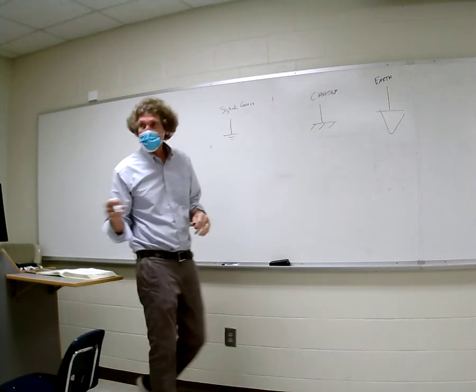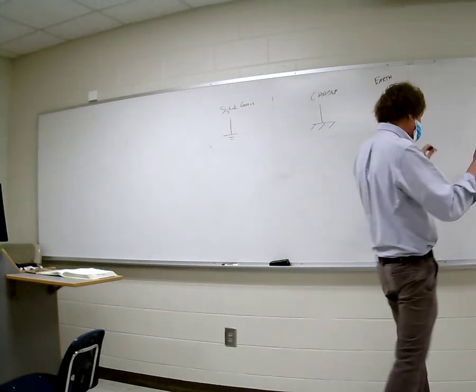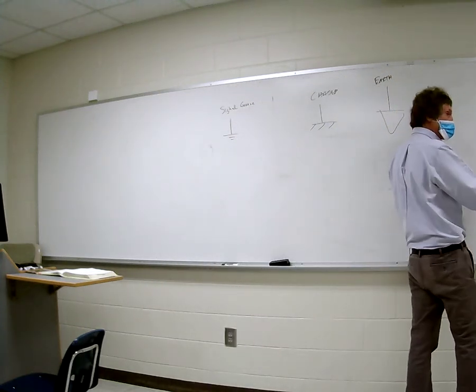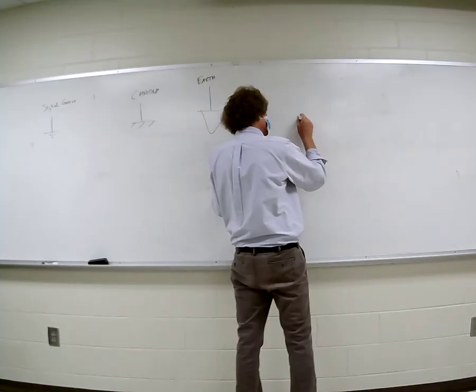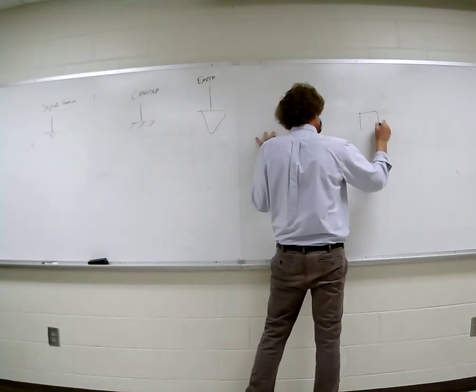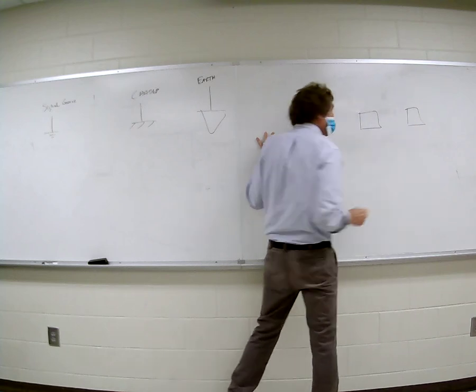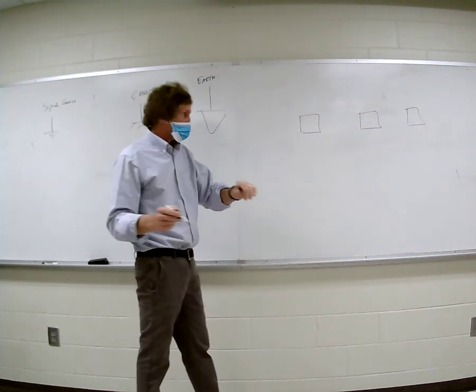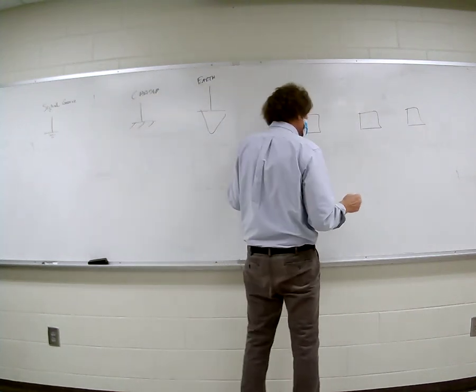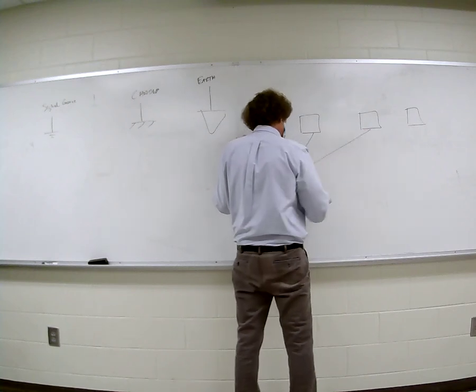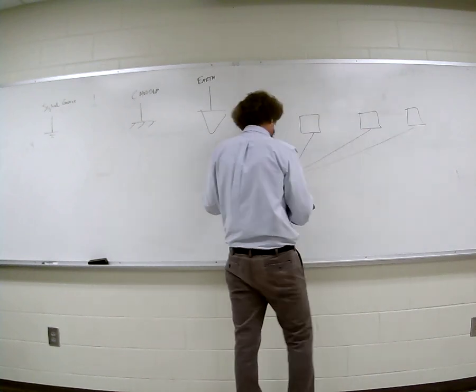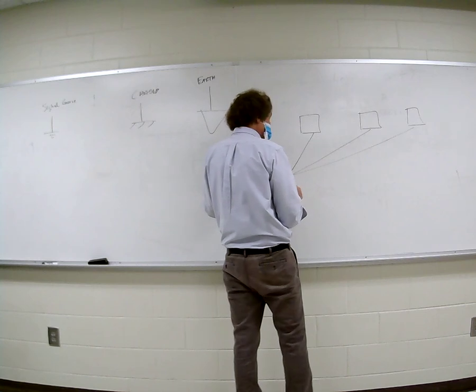Here's the problem, and I'm never going to ask you a problem that deals with this directly. But if you have 3 boards, we're going to talk about ground loops in a second too. Each one of these things has a wire, and this is going to be your chassis ground.